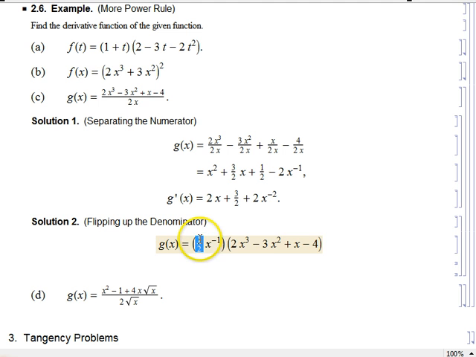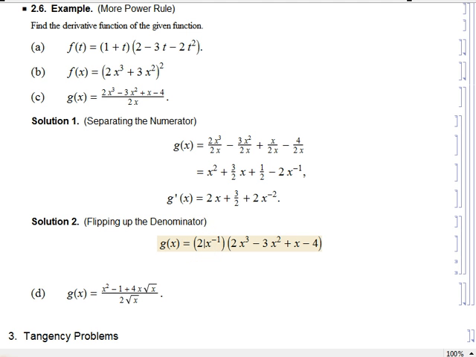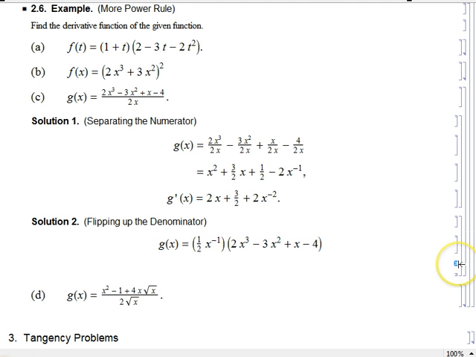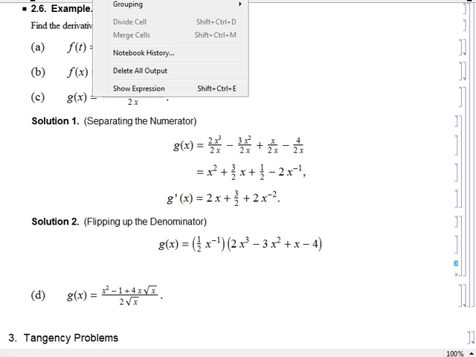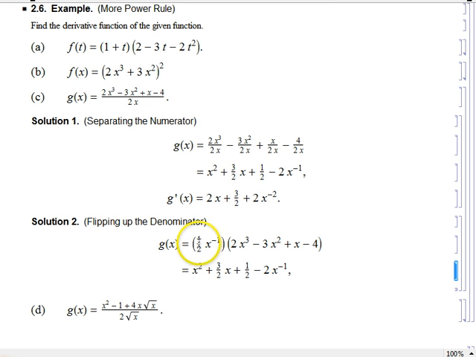Please remember, this is not 2x to the negative second power, negative first power, excuse me. The number part, 1/2, must stay there. And then we just distribute it around. 1/2 x to the negative first power times the first term, times the second term, times the third term, times the fourth term. We have this.